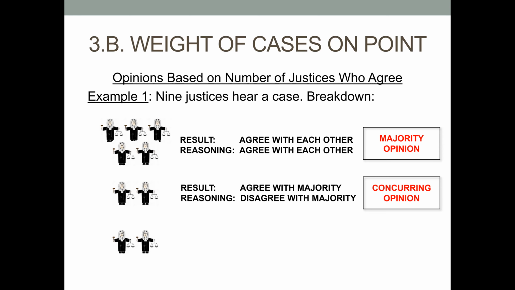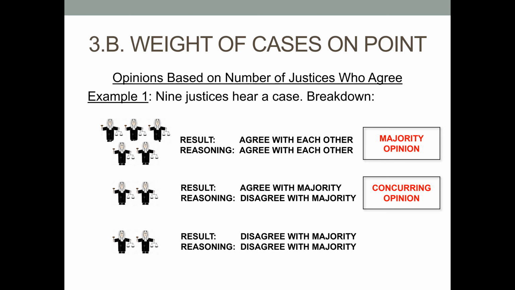Now, finally, the last two justices on the court, let's say that they disagree with the majority regarding the result, and they disagree with the majority regarding the reasoning. Now, typically, if justices disagree with the majority on the result, then it just logically follows that they disagreed with the legal reasoning leading to it.